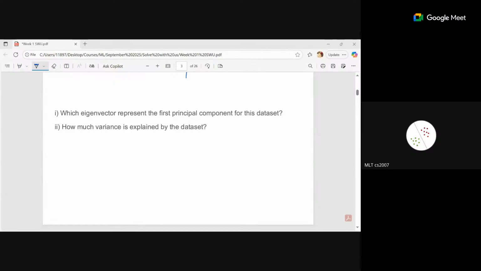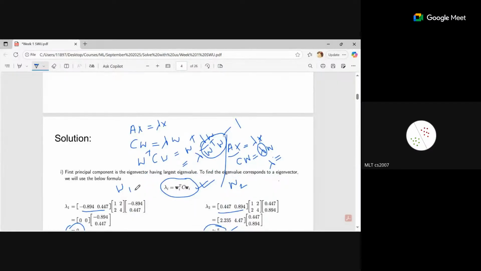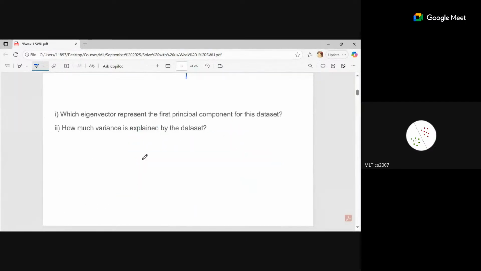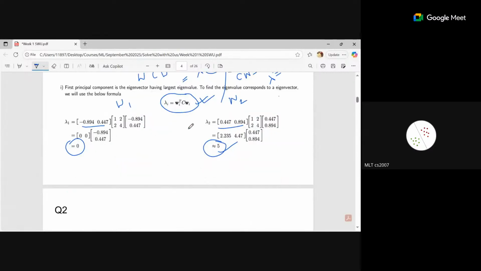What is the variance? 5. Yes, 5 is the correct answer. For the first principal component, the lambda was 5, and for the second principal component, the variance is coming out to be 0. So the total variance explained by this data set is 5 plus 0, which is 5.